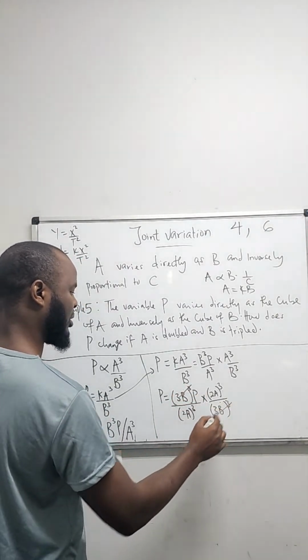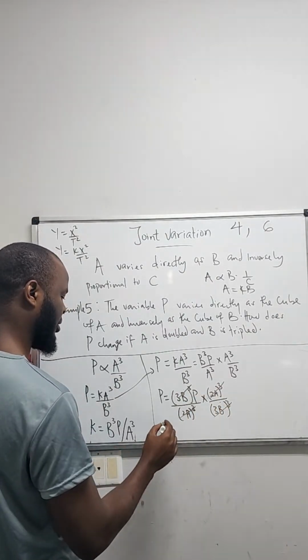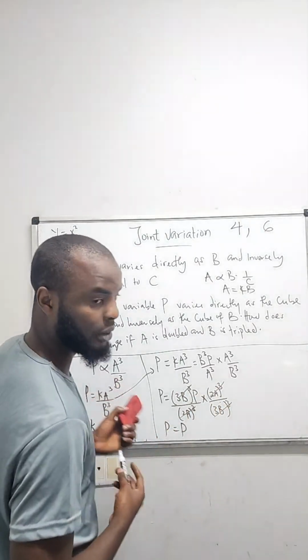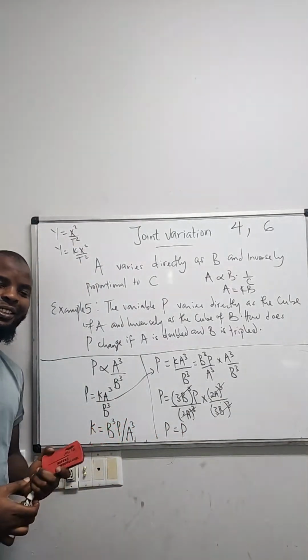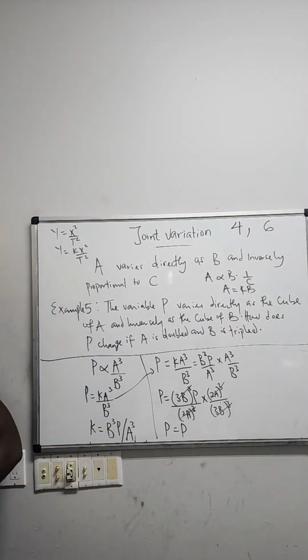So this cancels out this, and this cancels out this. So P is still P, unchanged. That's why the machine answer. Oh, it doesn't change? Not really.